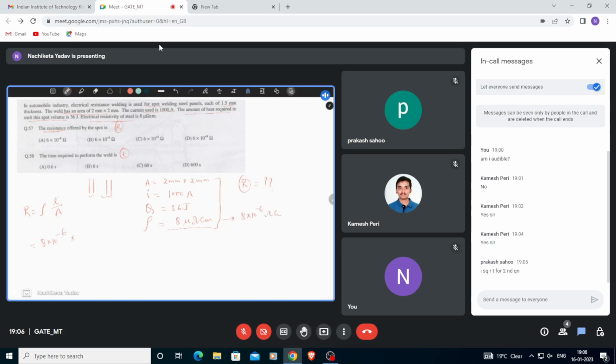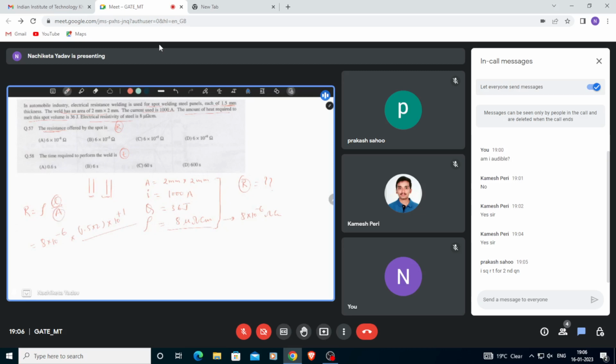And L means 1.5 mm each, so it is two plates, so 1.5 into 2 mm, which we will convert into centimeter, divided by area.